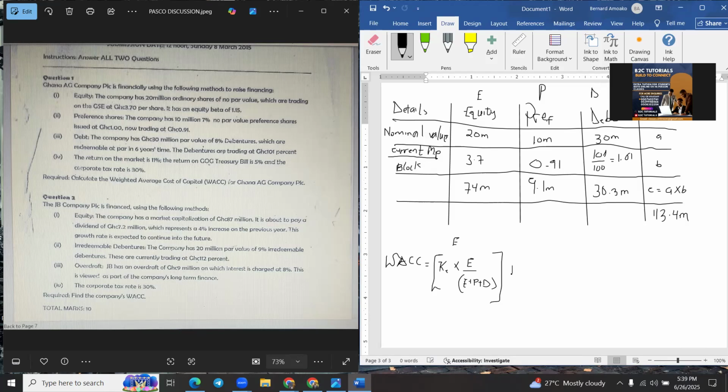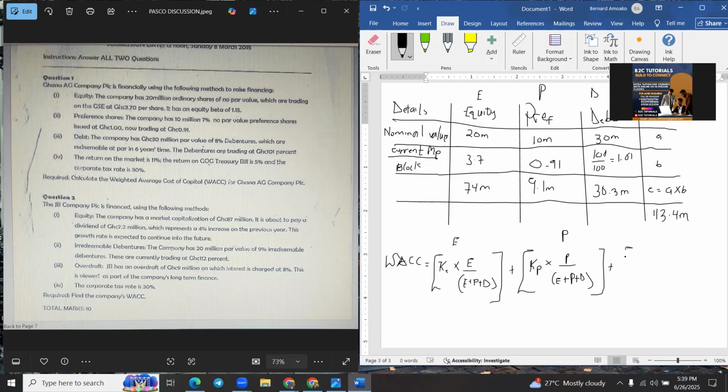And you do the same for P. So you go and pick the cost of capital of P, say KP, multiply by P, all over the same E plus P plus D, bracket close. And then the last one would have to do with the debt.